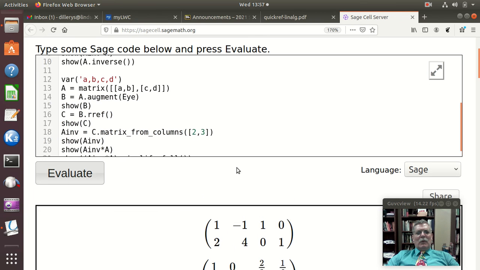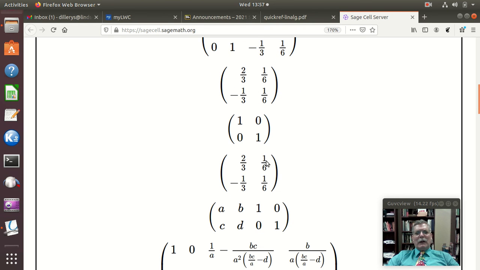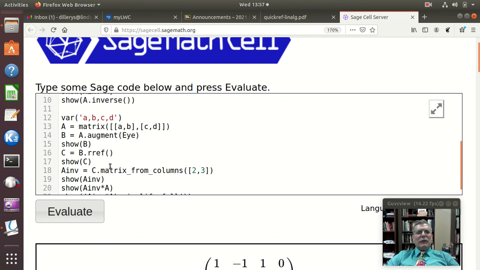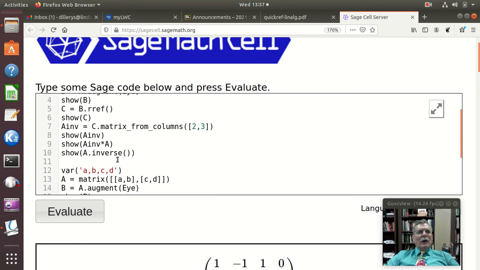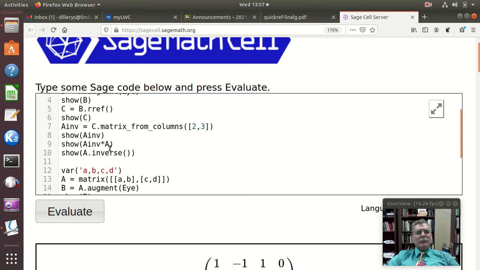And so, there's our A inverse. Then we got the identity when we multiplied it together, and then we said, hey SageMath, you compute the inverse, and look, same thing. So it's wonderful. We get that same result, most likely because it's computing it essentially the same way, doing the reduced row echelon form on the augmented matrix.